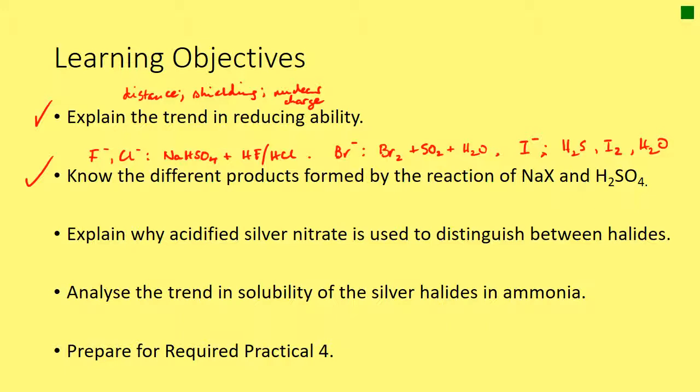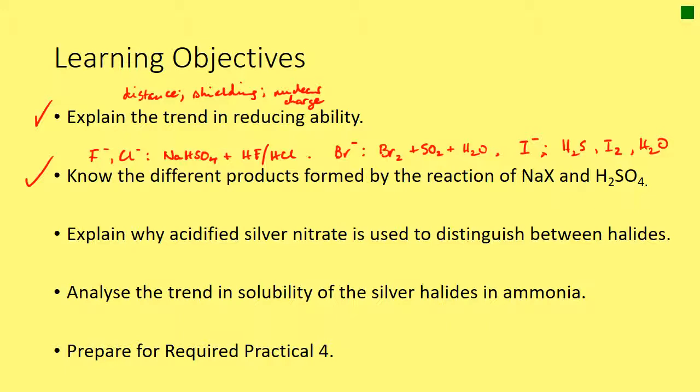So just to summarize that for you, remember the fluoride and the chloride. They just did the first step. So the product of that first reaction was sodium hydrogen sulfate and your hydrogen halide. So that will either be your hydrogen fluoride or your hydrogen chloride, depending on which halide you started with.